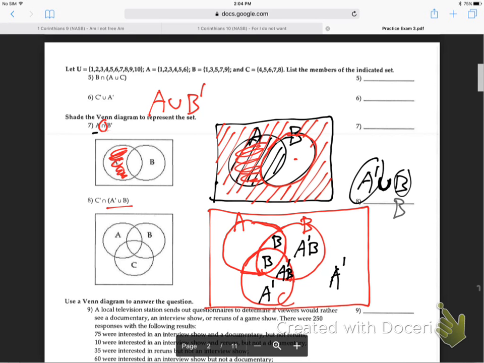Whereas if the U was turned over, it would be overlap, and I would only take the sections with both. But since it's U, I'm going to take anywhere there's any letter at all.